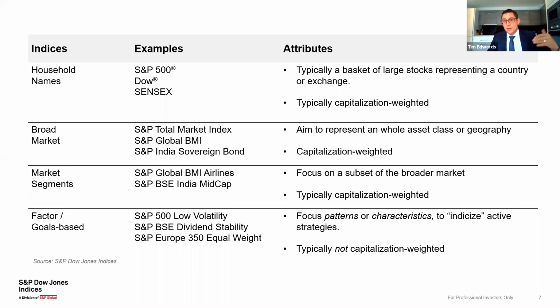So the most famous kind of index, I call them household names: S&P 500, the Dow, the Sensex. These are typically a basket of so-called blue chips. They might be fixed in number, so it's 30 in the Dow, 30 in the Sensex, 500 in the S&P 500. And they're typically representative of a particular country or an exchange, right? All the stocks listed on an exchange, not all of the big ones.